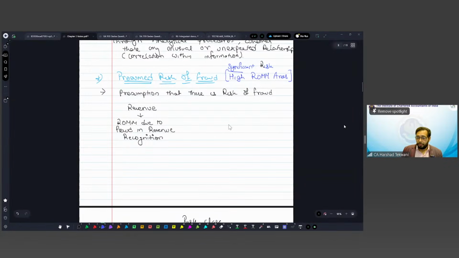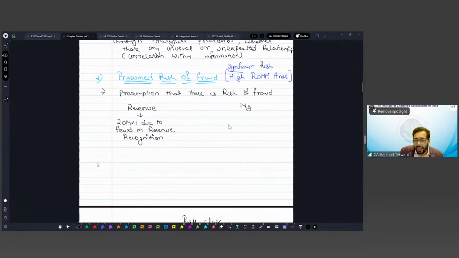Okay, so coming back to my question, which is the second presumed risk we have already discussed? Management override of controls. Yes, absolutely correct. It is management.